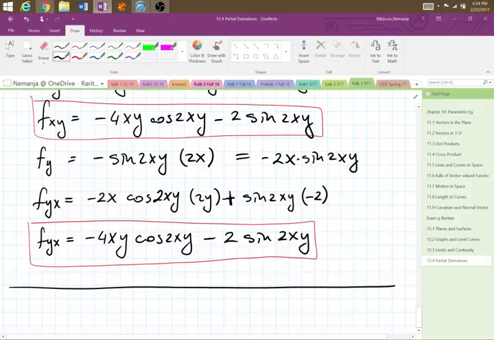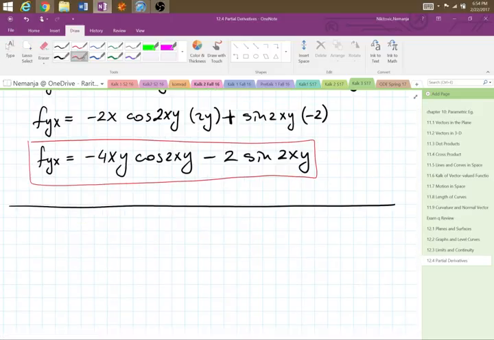So let's write the theorem for partial derivatives. Theorem 12.4, that's the name. Theorem 12.4, if you must.